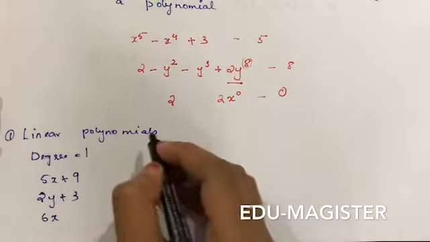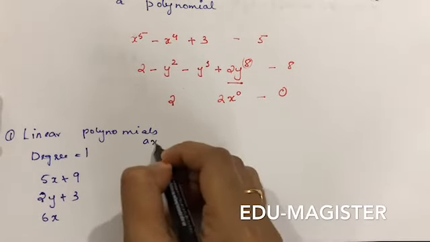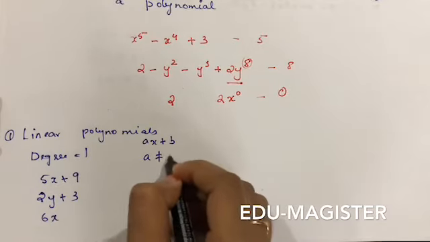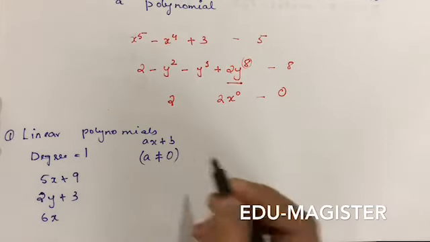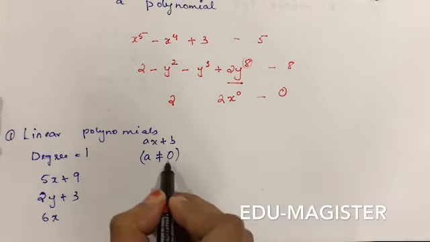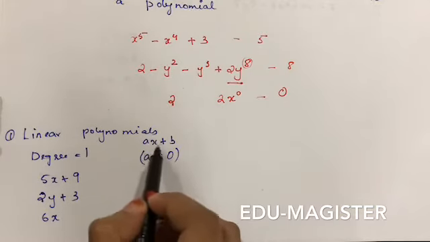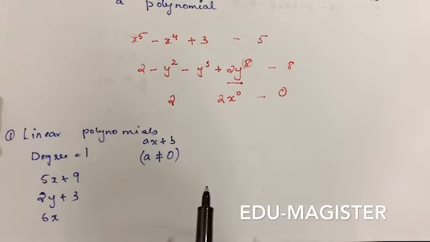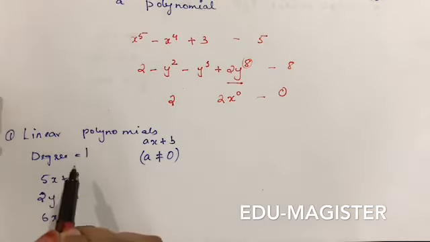Linear polynomials will always be of the type ax plus b, where a is never equal to 0. Why? Because if a is equal to 0 means this whole term will vanish, right? The whole term with x will vanish. So thus the degree will no longer be 1.